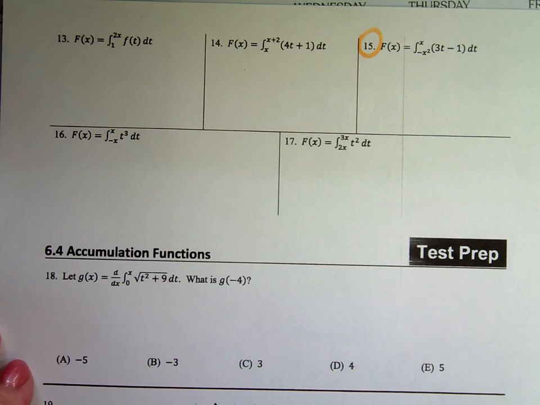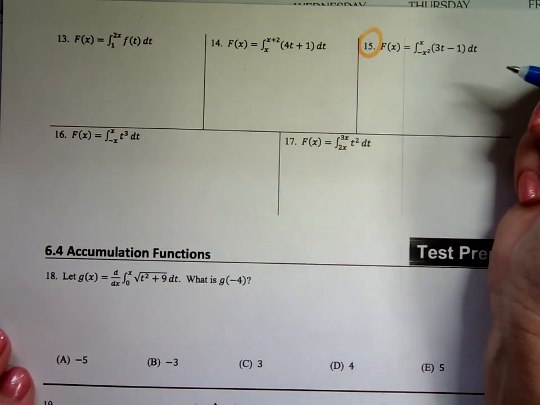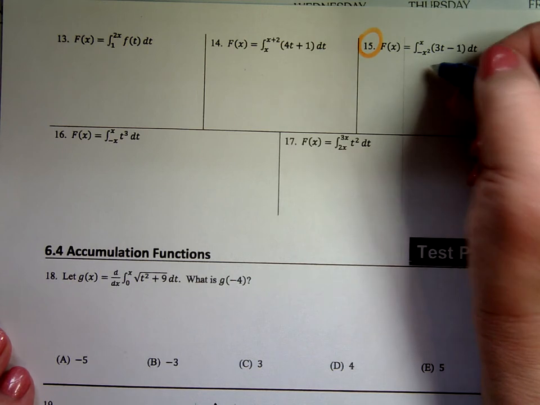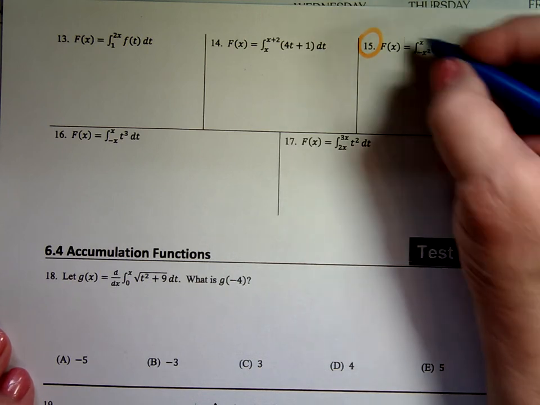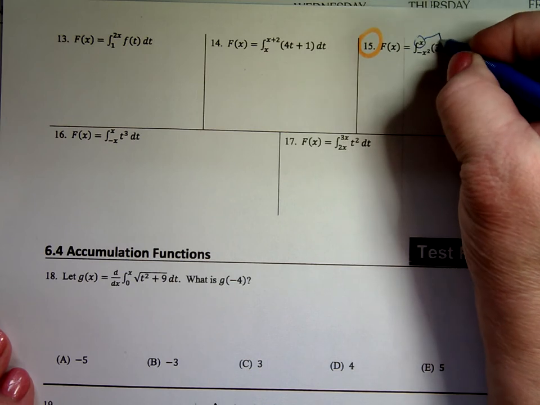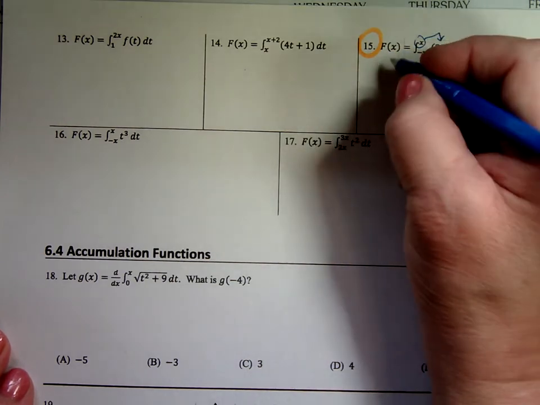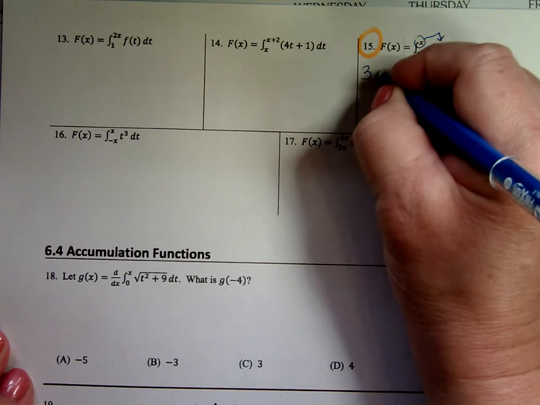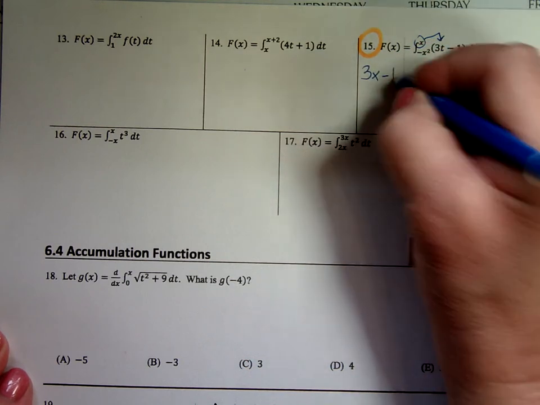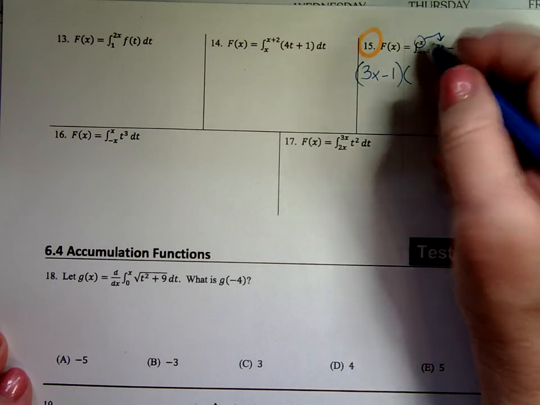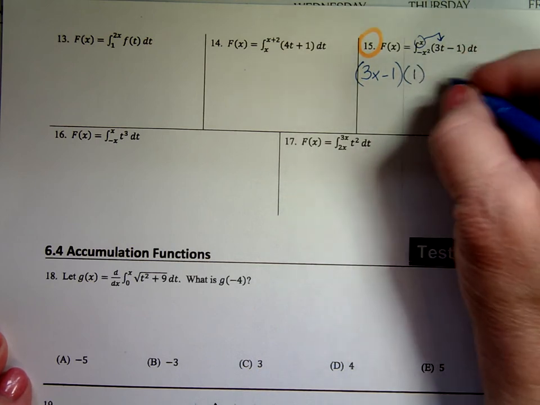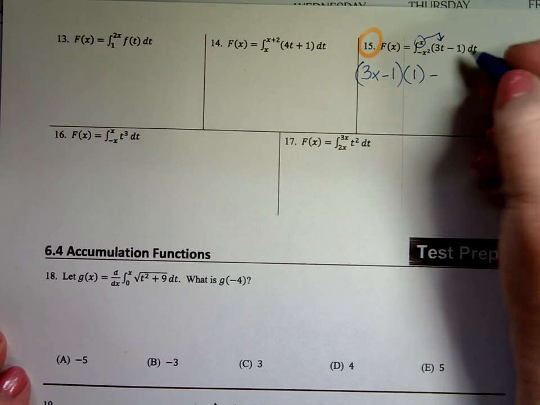All right, so this one, the upper end and bottom end are both variables. And so I'm going to take the upper guy, x, and plug it in for the t. That's going to give me a 3x minus 1 times the derivative of x, which is 1. Minus.